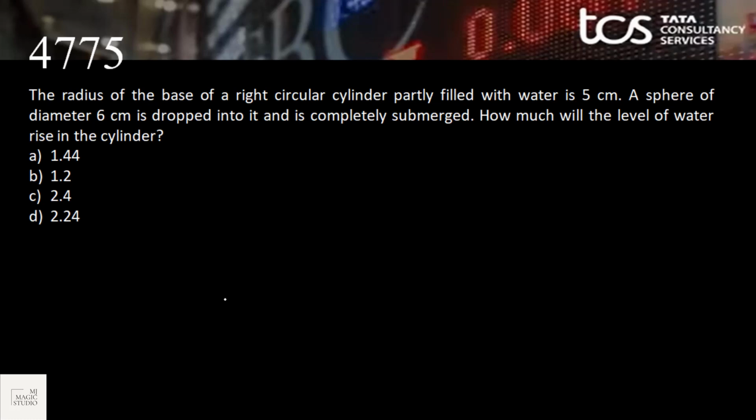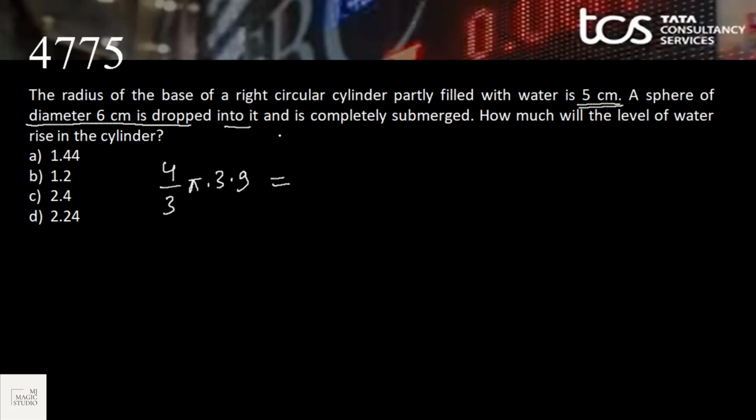So now what we have, again we have a cylinder. The radius of the base of a right circular cylinder partly filled with water is 5 centimeter. A sphere of diameter 6 centimeter is dropped into it and is completely submerged. How much will the level of water rise in the cylinder? Okay, so volume of a sphere is 4 by 3 pi r cube, diameter is 6, so r is 3. So it is 3 cube, 3 into 9. This should be equal to the volume of the water displaced.